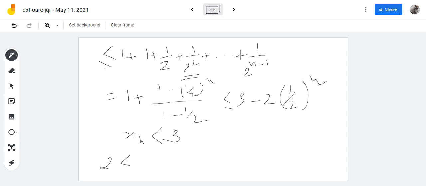Therefore 2 is less than or equal to xn, less than 3. This implies the sequence xn is bounded.